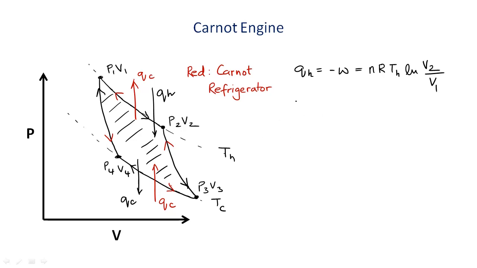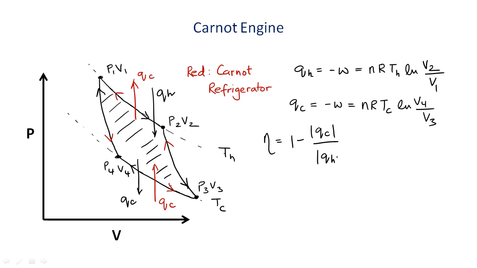Similarly, the heat expelled to the cold reservoir during the isothermal compression is equal to minus W, which is equal to nRTC ln V4 by V3. We have just seen that the expression for efficiency is equal to 1 minus Q cold divided by Q hot, and that is equal to 1 minus this expression here divided by this expression.